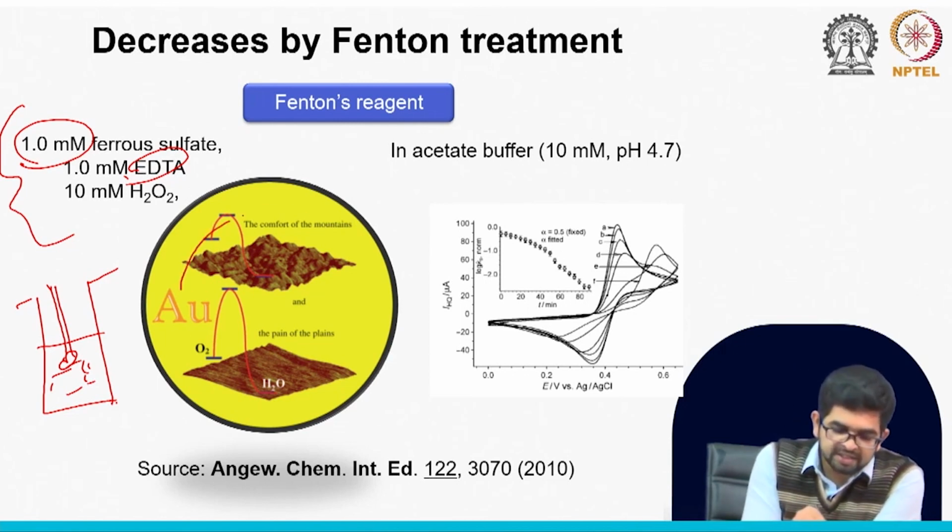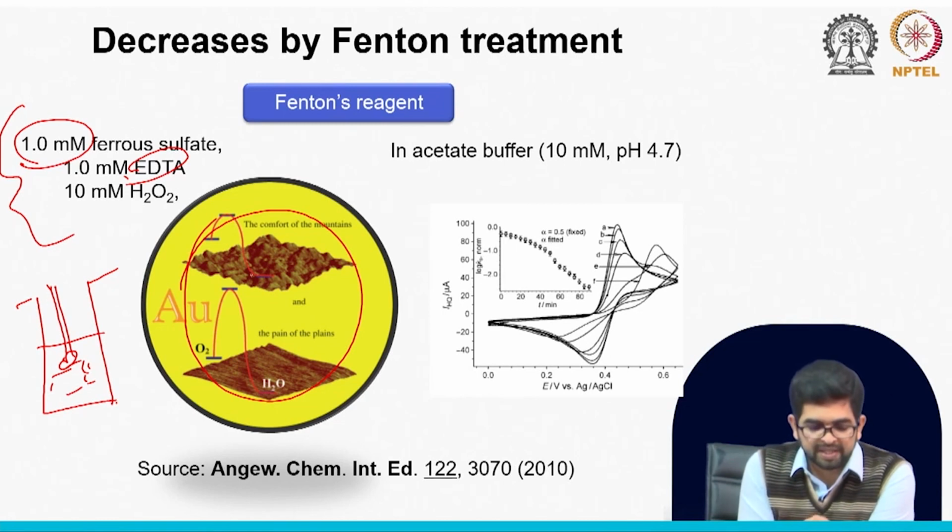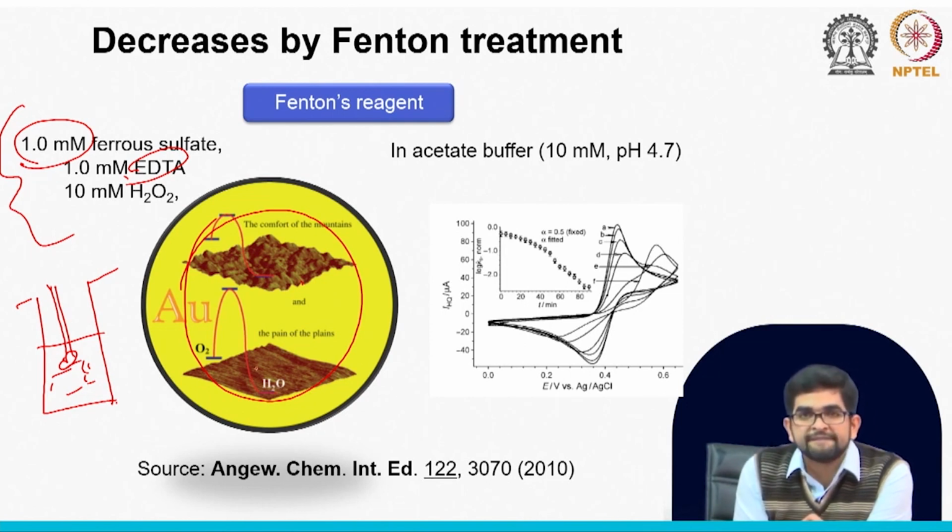You can see this phenomenon. At the beginning, just after polishing or just before Fenton treatment, you may see the AFM structure is very high, and you will get the high activity, and slowly it will decrease. So the surface becomes slowly plane. So something is actually striking on your surface, right?